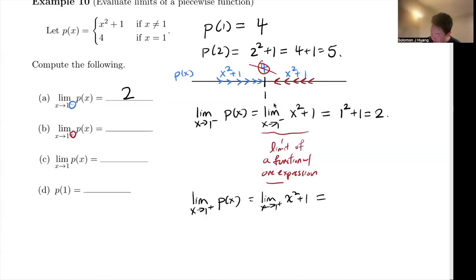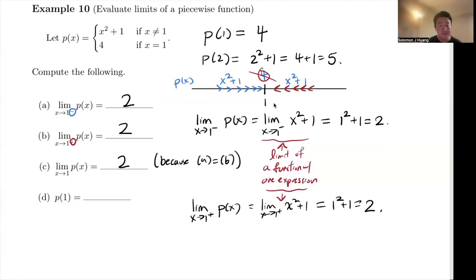This is the same case: it's a function of one expression, so all we do is a direct substitution, and we get 2. So the left-hand limit is 2, and the right-hand limit is 2. Therefore, part C, the limit exists, and it is 2, because the answer in part A is equal to the answer in part B.